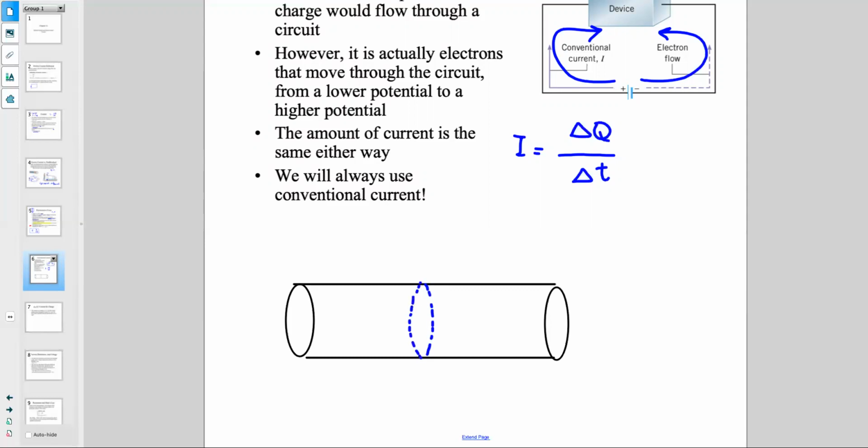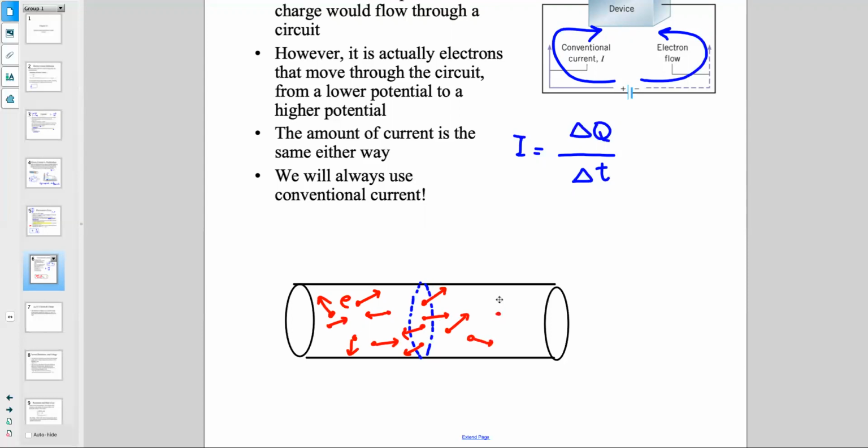If this is just a normal wire, not connected to any potential, not connected to a battery, you have all of these electrons that are freely moving around. These are all electrons. They go in all directions, everywhere. They're not necessarily following any kind of direction.